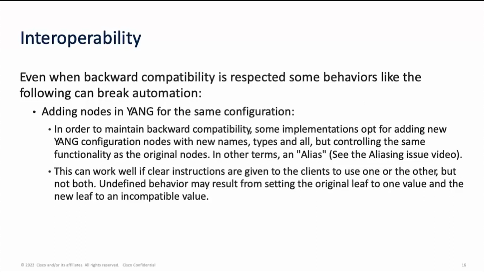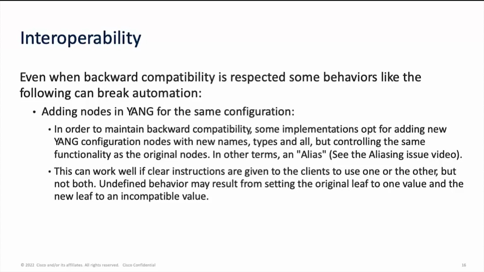automation. This is another level. We're not talking about breaking backward compatibility. In this case, we are backward compatible, but there are scenarios within these backward compatible changes that can break automation or break interoperability with automation tools.